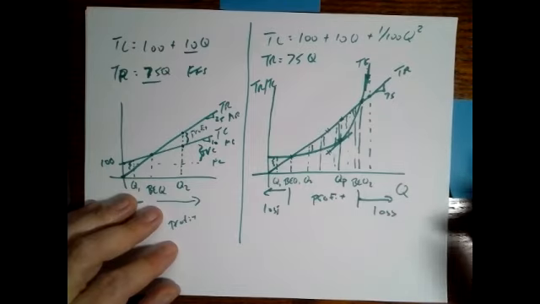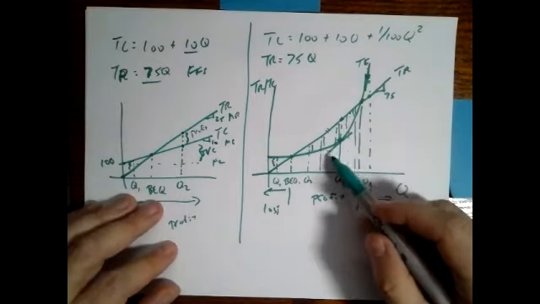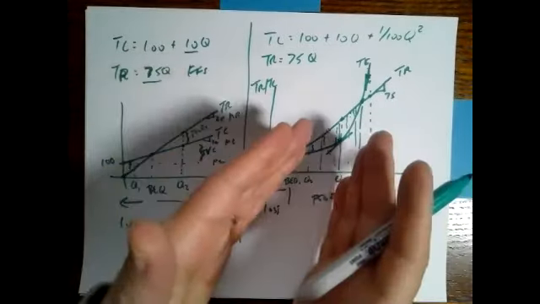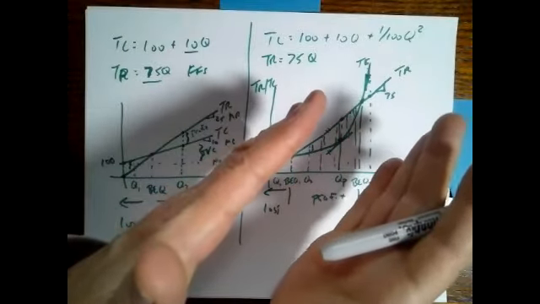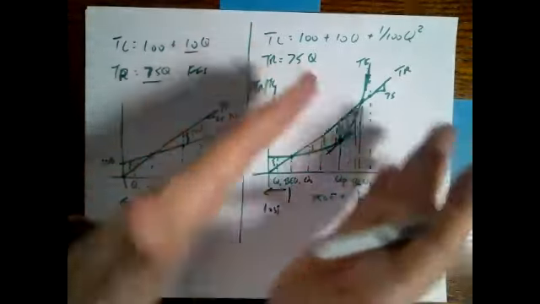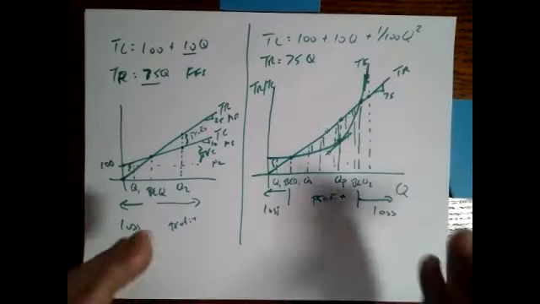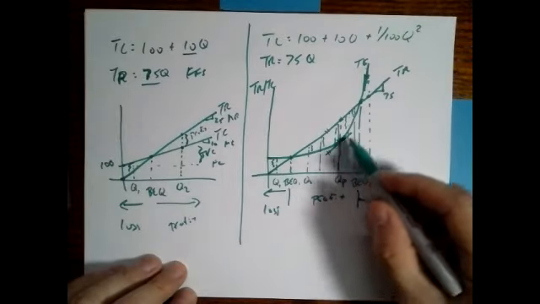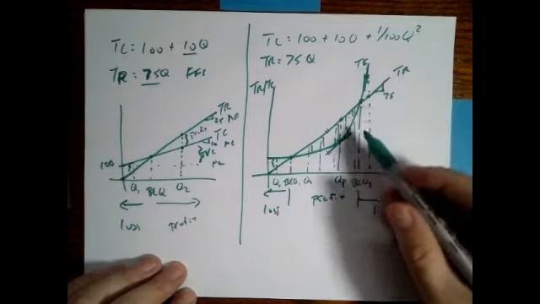Well, two lines are parallel if they have the same slope. It doesn't matter if they're really close or really far away. If two lines have the same slope, then they're going to be parallel regardless of how far or close they are. So the question is then, how do we find the point on this curve that has the same slope as the total revenue curve?